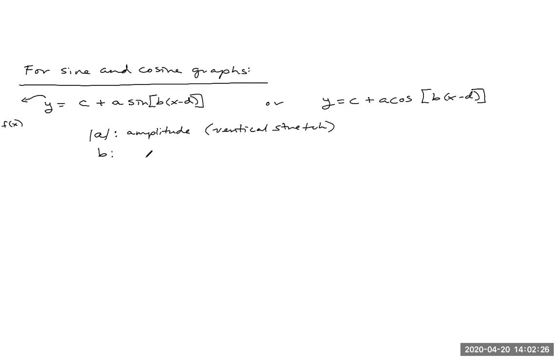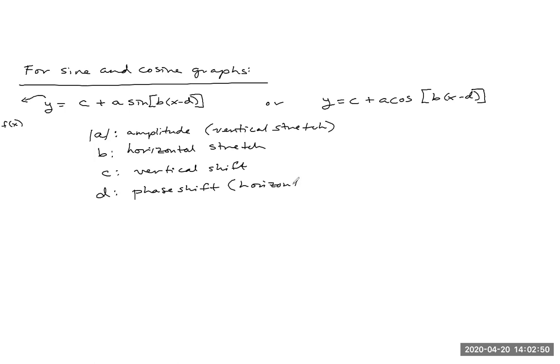B is going to be your horizontal stretch for the graph. C is going to be your vertical shift. And D is going to be your phase shift. And phase shift is also known as horizontal shift. Okay, so that tells you what's happening to your parent graph.